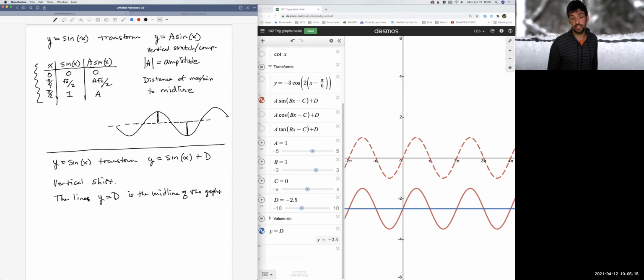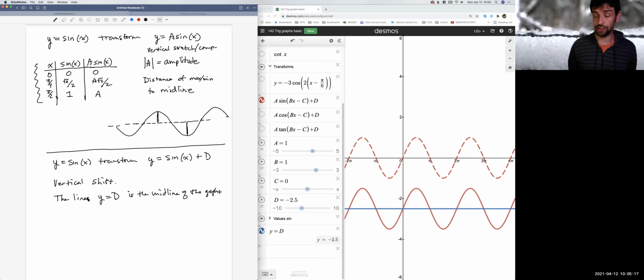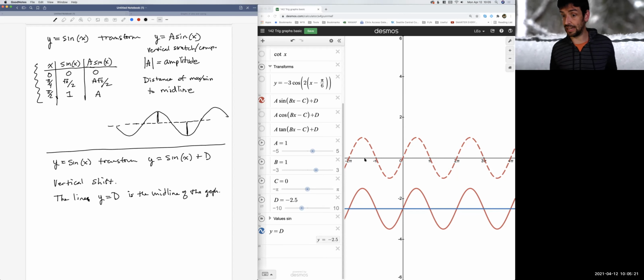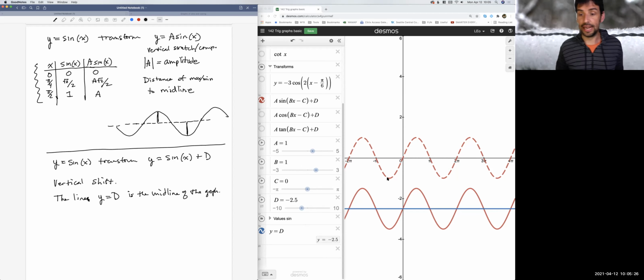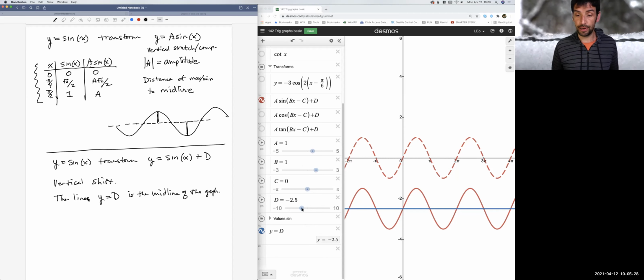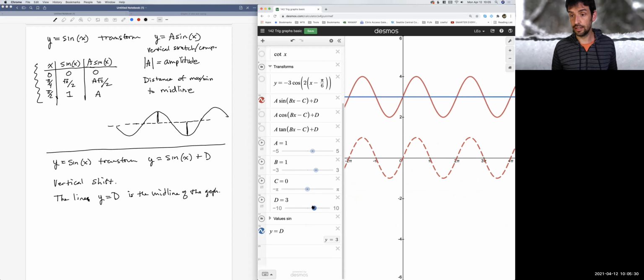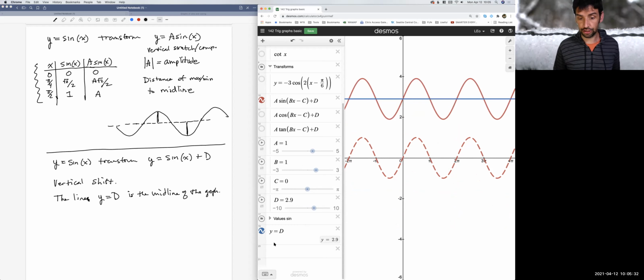We're changing the range of this function. So originally, let's look at this dotted line on our graph. That goes between -1 and 1. But as I shift D, the range is changing, right?